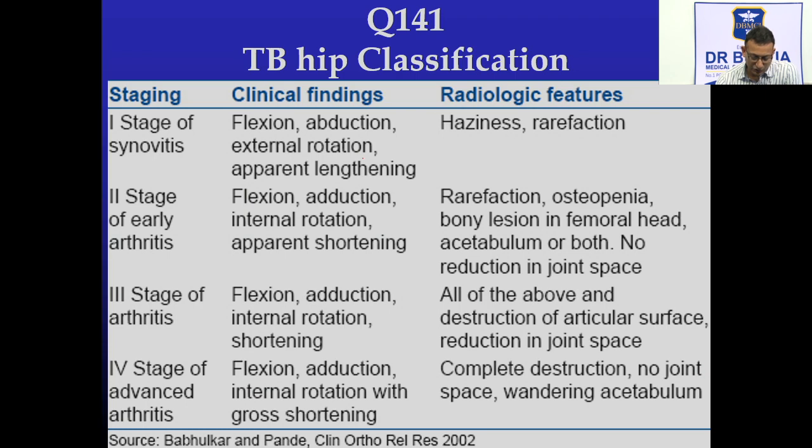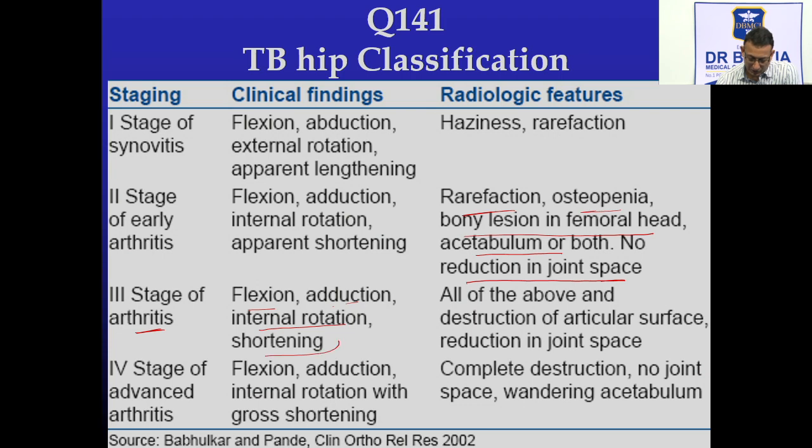Okay. In stage 2 of early arthritis, again you will have flexion, adduction and internal rotation deformities, and on x-rays you will see rarefaction, osteopenia and bony lesions in the femoral head or acetabulum. Okay. And joint space is still preserved. In stage 3, stage of arthritis, we will have flexion, adduction and internal rotation deformity.